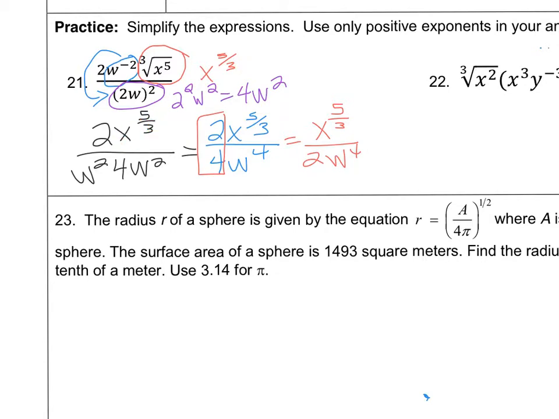And then I also dealt with the 2w in parentheses squared. I rewrote those as 4w squared. So once I got it all into the correct place, I still had some work to do here on the bottom. So I went ahead and did the 4 and then w to the 4th. So I got it to this part and I realized I've still got one more thing I can simplify, and this is my final answer.